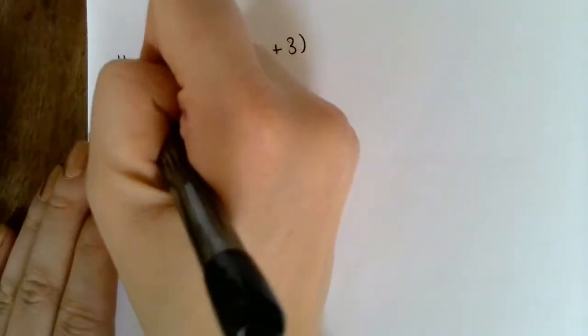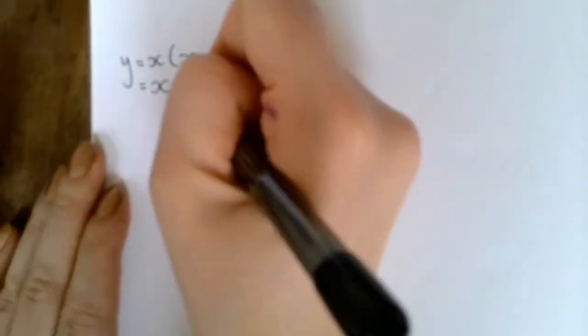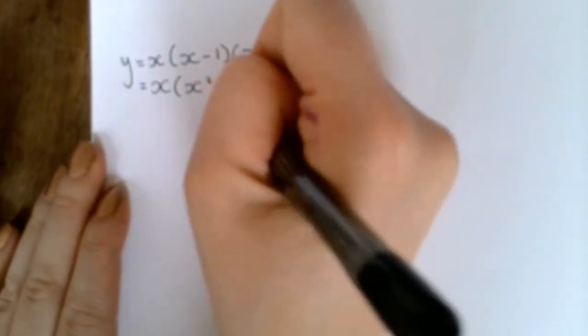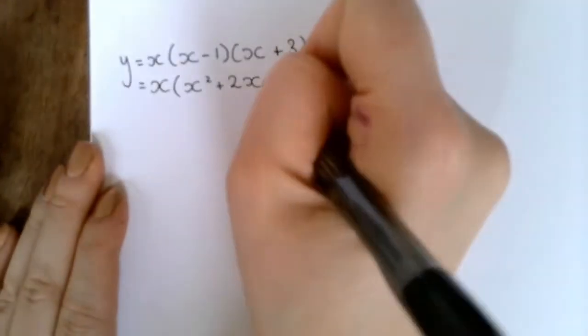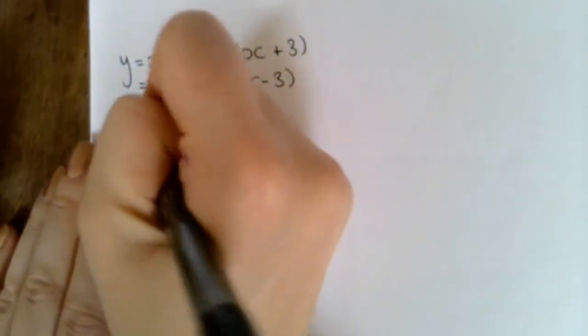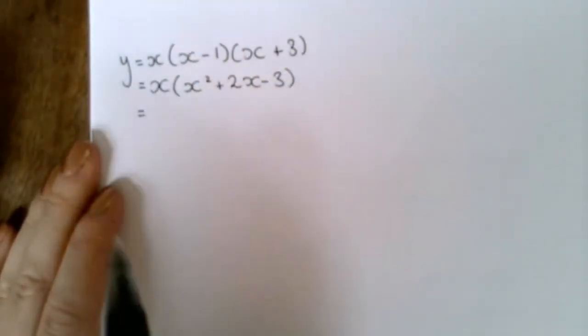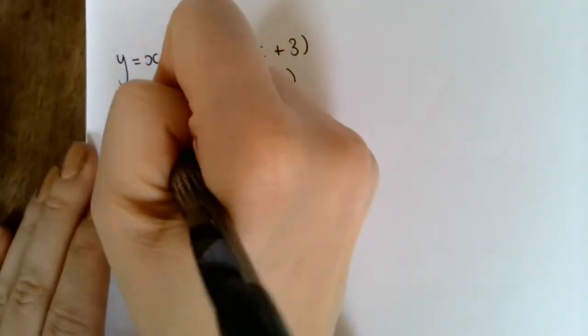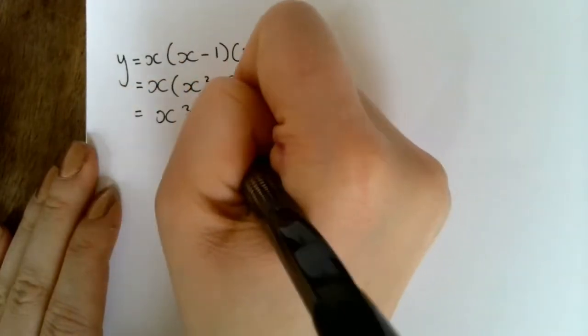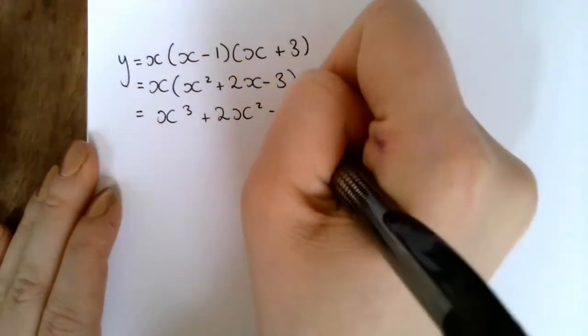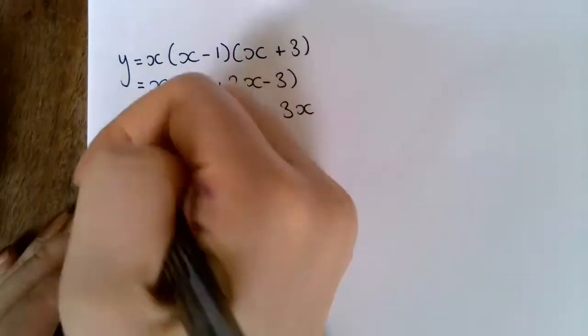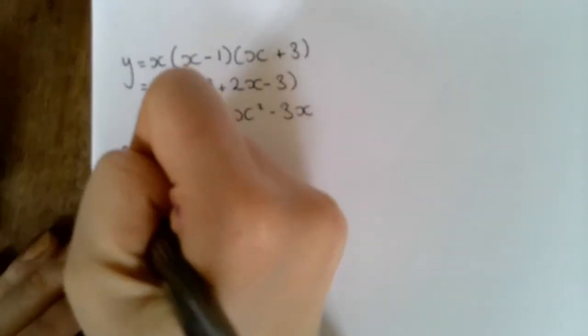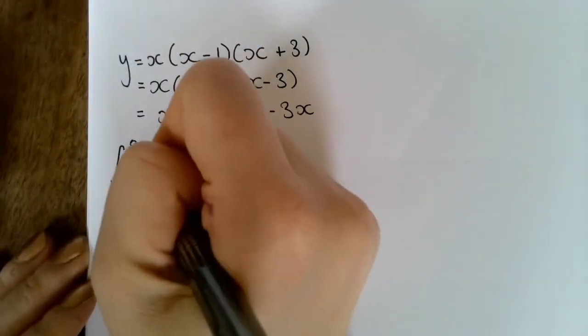If we expand those brackets, we've got x squared plus 2x minus 3. Then we want to multiply the bracket by x, and we get x to the power of 3 plus 2x squared minus 3x.